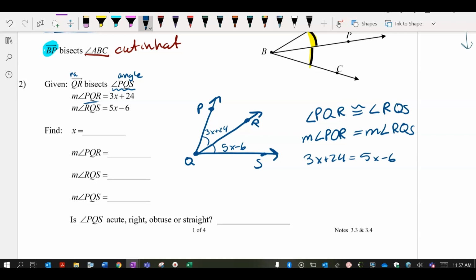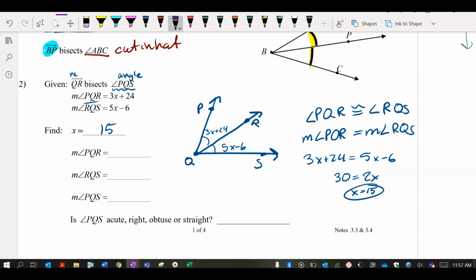From here, we will then solve. So when we go ahead and solve, looks like we get a 30 equals 2x, x equals 15. All right, so our x is 15. And then at this point, we're going to go ahead and plug in 15 into each angle expression.